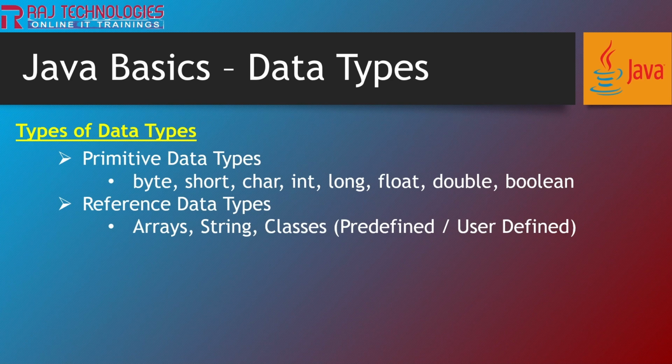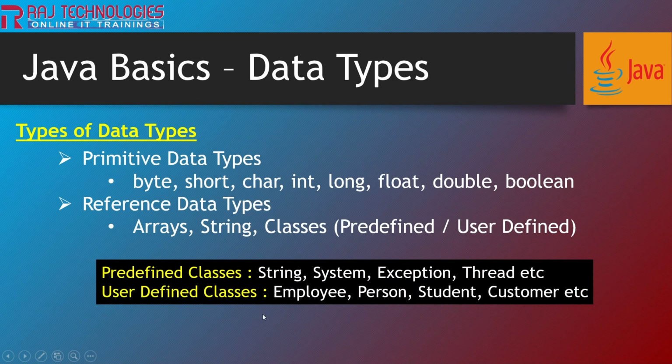And coming to reference data types, reference types like arrays come under reference type in Java. String also comes under reference type. Classes, any class you take, either predefined or user defined. String is also a class here, a predefined class. All classes come under reference type here.